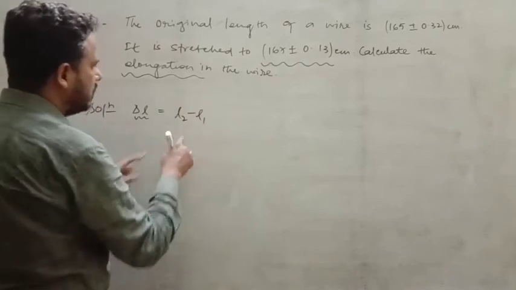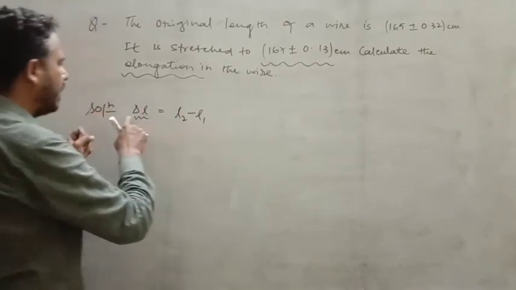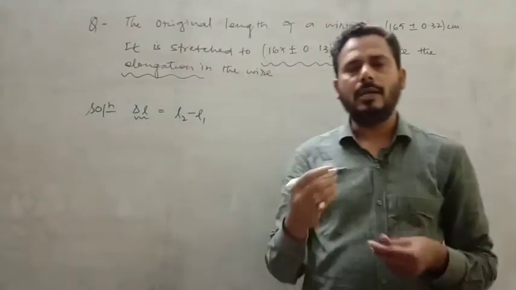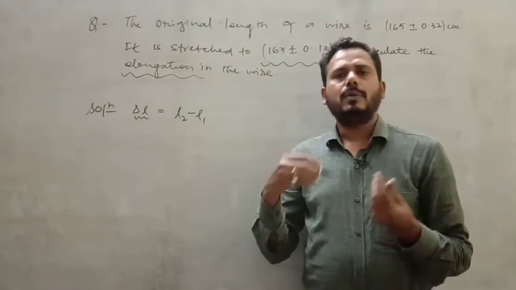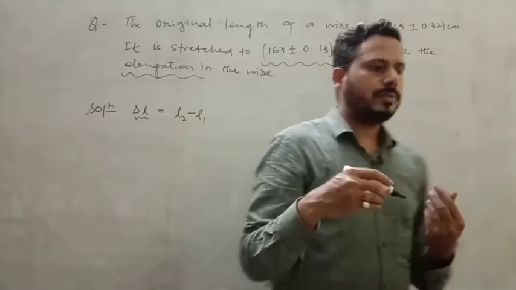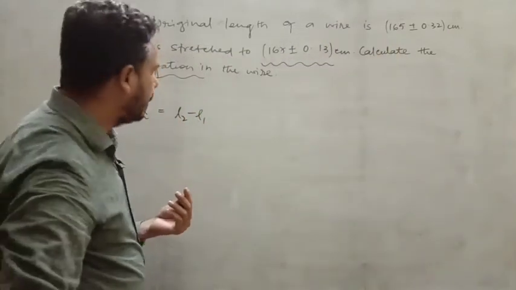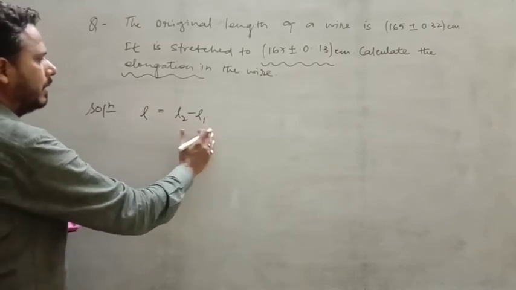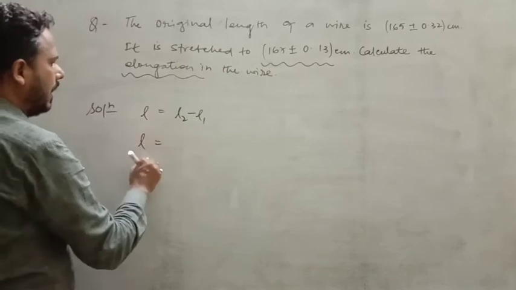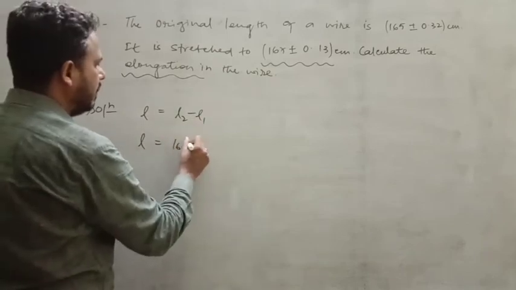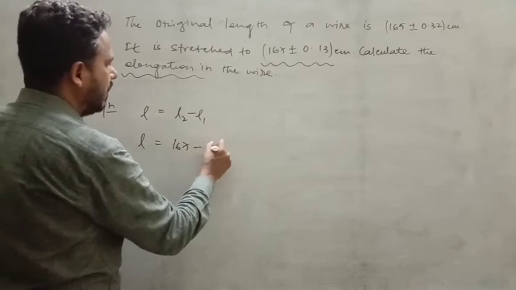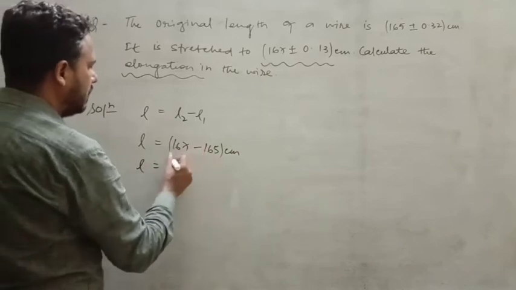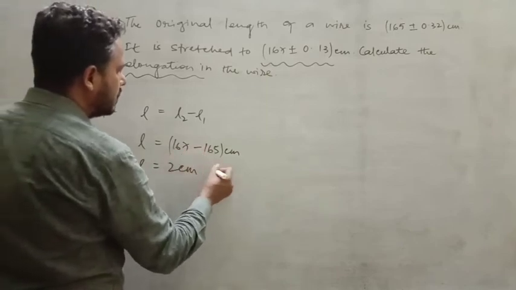But officially we use delta for absolute error, so let us take simple L. Let L be the difference in the wire, L2 minus L1. So L is equal to 167 centimeter minus 165 centimeter. After calculation you will get a difference of 2 centimeter only. Okay, this is equation 1.